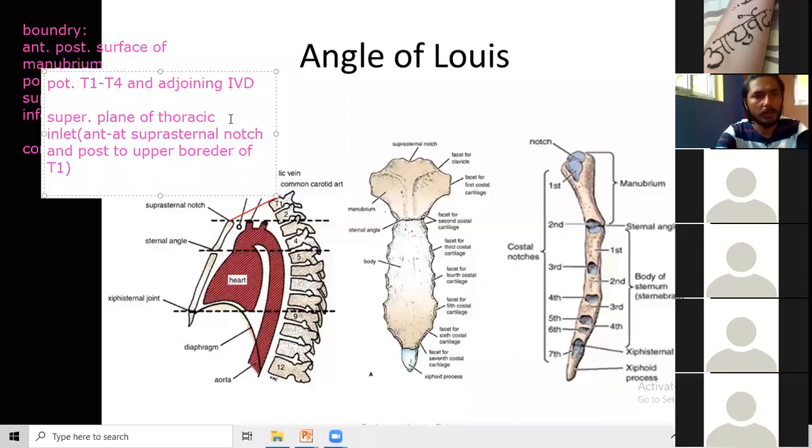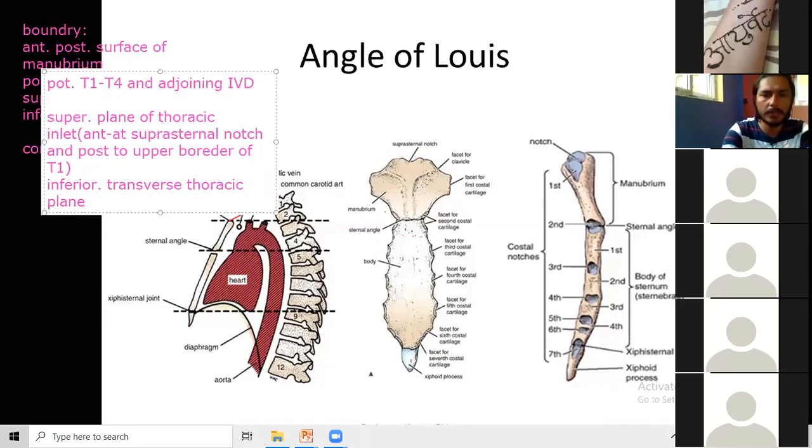Next is the inferior boundary. If you see the inferior boundary here, there is no physical inferior boundary, there is an imaginary plane, the transverse thoracic plane. This transverse thoracic plane is again an imaginary horizontal plane. You know this thing.